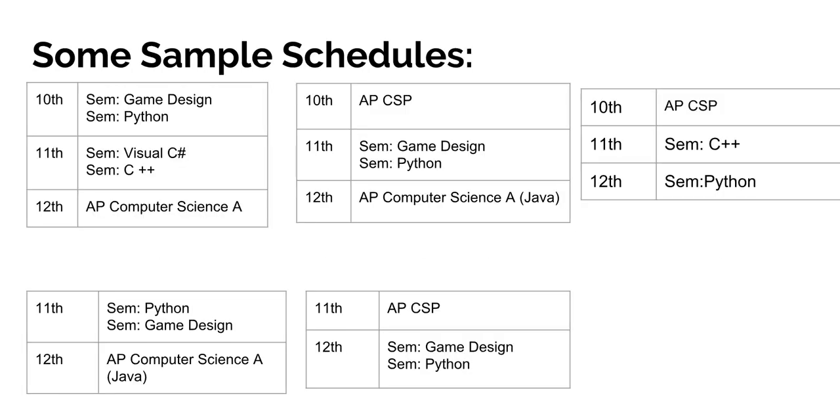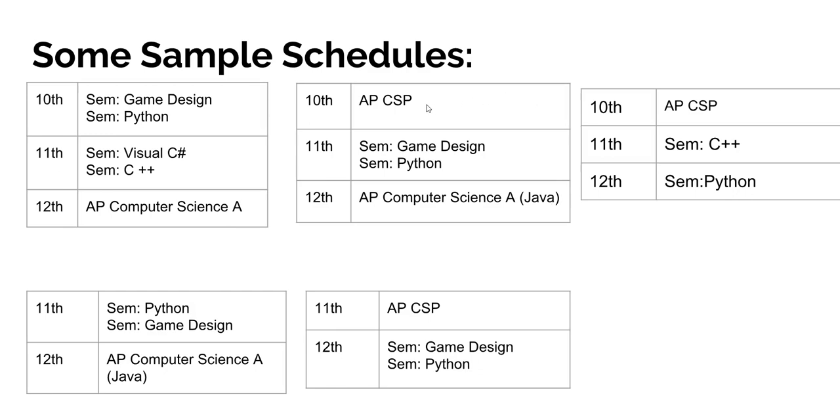Here are some sample schedules, just for example. If you're a sophomore and you want to jump right in and get more coding, you would do Game Design and Python, and then C#, C++, and AP Computer Science your senior year. We don't know yet for sure which semesters each will be offered. That will be determined once kids sign up.